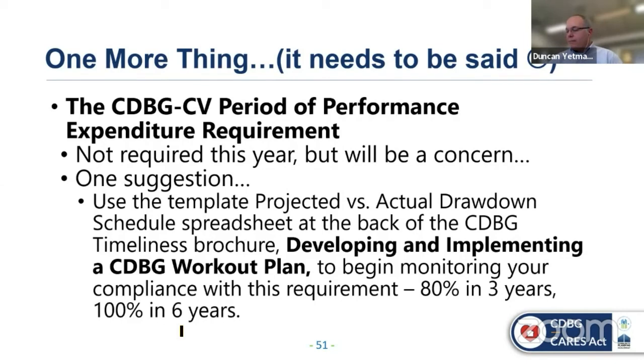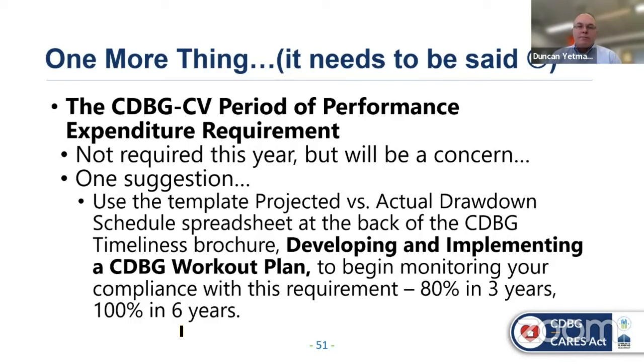So one more thing, and this is where we're going to talk about period of performance. And I'm sorry, but it needs to be said. It's not required this year, but it will be a concern, especially if you are not on pace to meet the 80% drawn in 3-year requirement. As we said, monitoring, continuous control. How do I manage my monitoring of my compliance with that period of performance expenditure requirement?